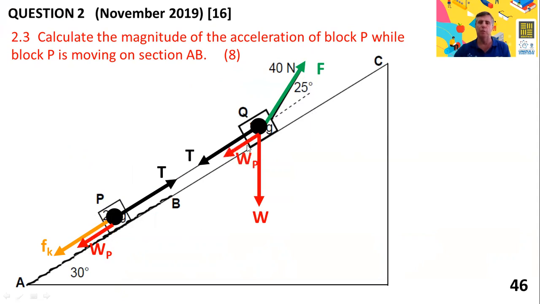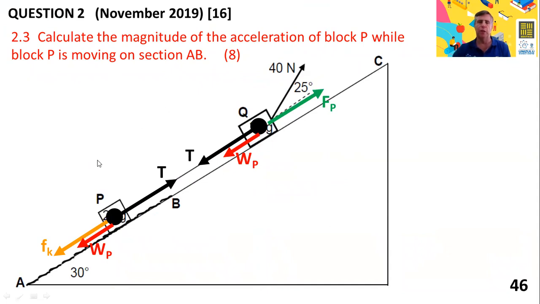Finally, the force is at an angle of 25 degrees. We're going to take the component of the force we'll call FP, the force parallel to the plane, and get rid of the other one. Now you can see all our forces are acting parallel to the inclined plane. And so we can use them with our Newton's second law equation.